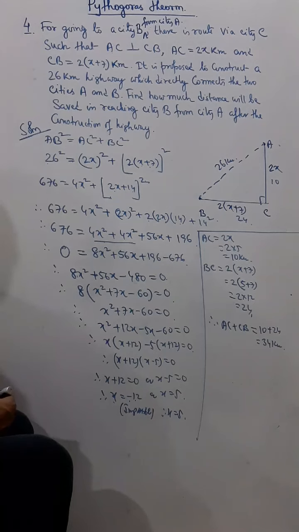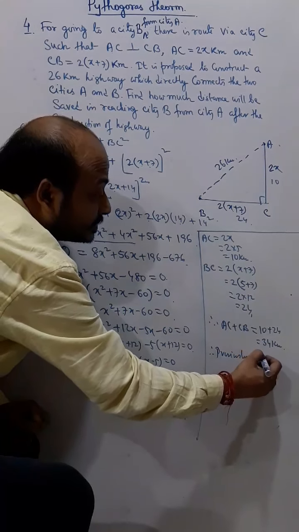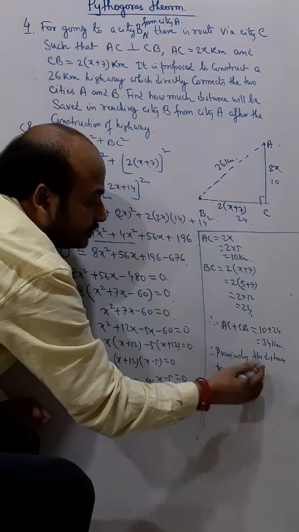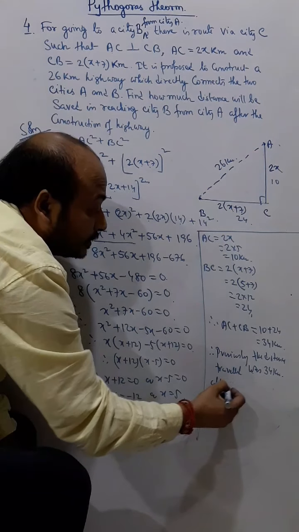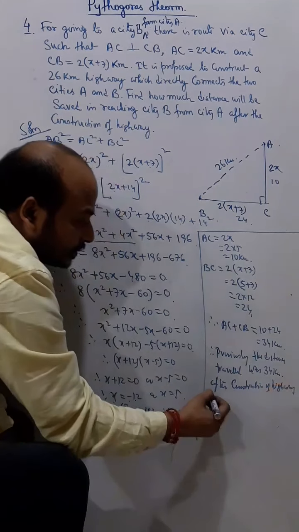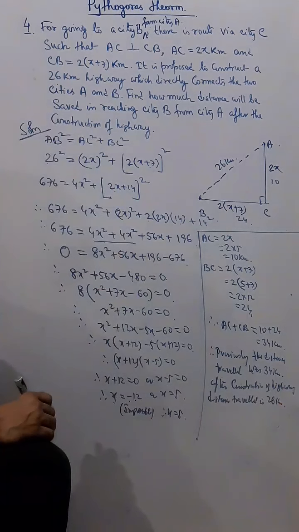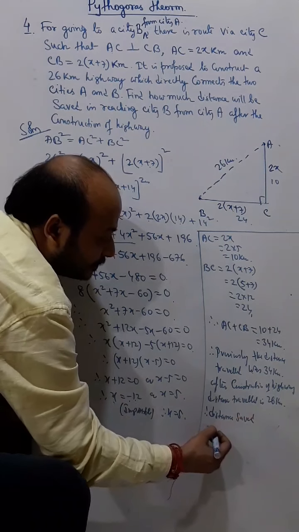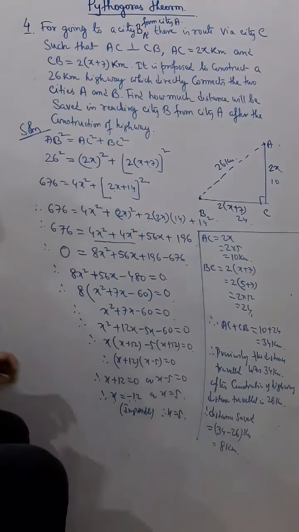So that means previously we used to travel 34 kilometer. So previously the distance traveled was 34, and after construction of the highway, the distance traveled is 26 kilometer, and therefore distance saved will be how much? 34 minus 26 kilometer, and that is 8 kilometer.